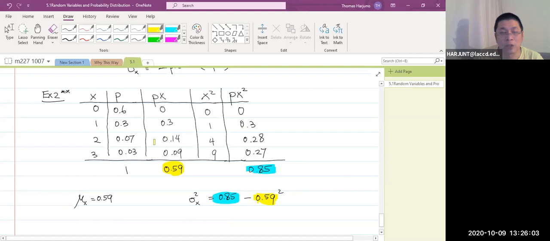Of course, as we expect, the variance has to be positive all the time.